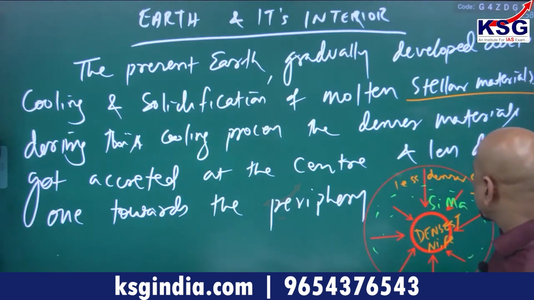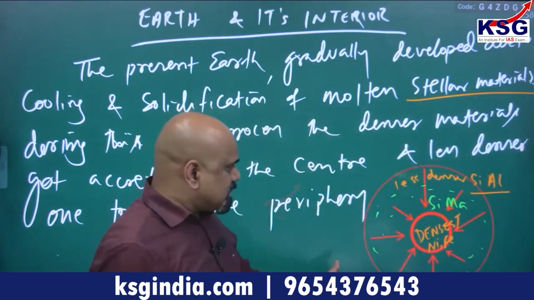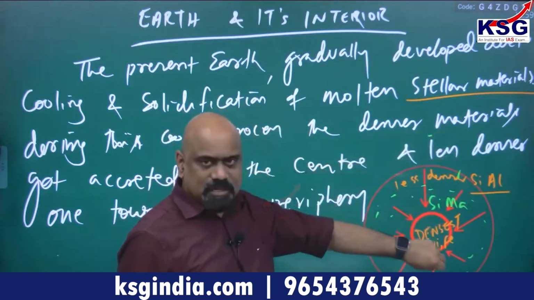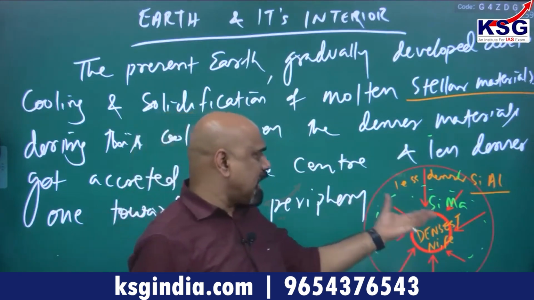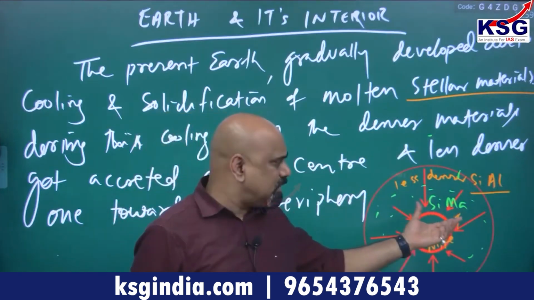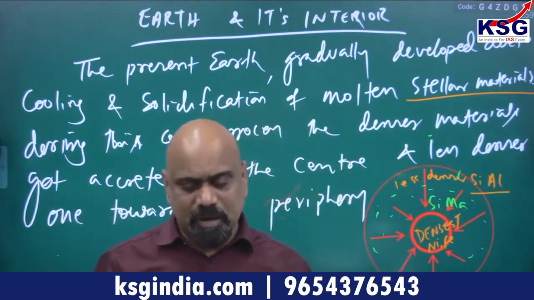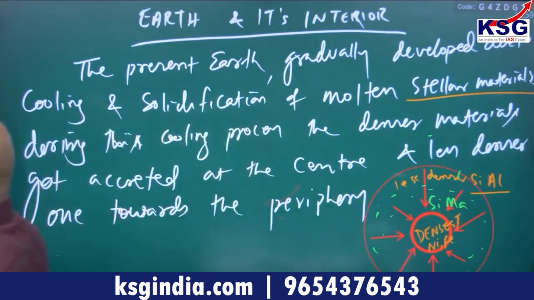They got deposited like this. Less denser one towards the periphery, densest one at the center with nickel and ferrous, mostly nickel and iron. Silica and magnesium at the intermediate level, silica and aluminum rich material at the upper part. So, in this way, the densest material got accreted at the center, less denser towards the periphery.